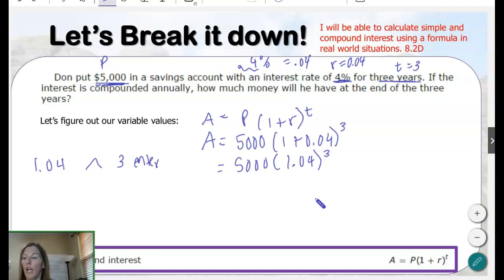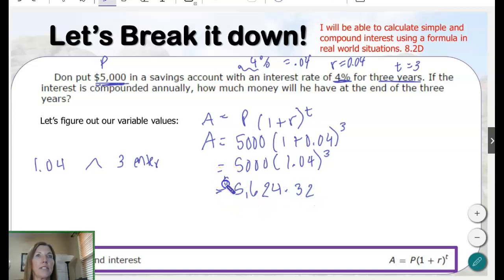$5,624.32. And you should be working these out on your own, making sure that you understand the steps and how we get these answers. $5,624.32.